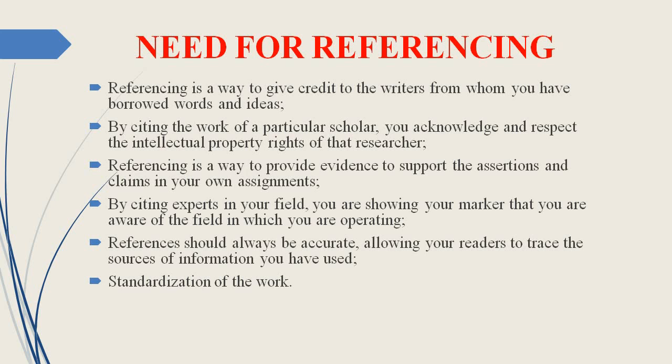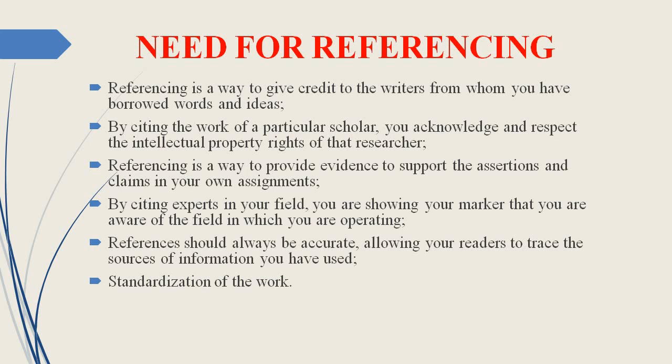So that is one way of citing the work that is already there in the field. Then the reference should always be accurate. Remember, accuracy in the reference is important, as it allows the reader to trace the source of the information that you have used. It means if somebody wants to read the original text, how will that person go to the original source? For that, referencing is important.